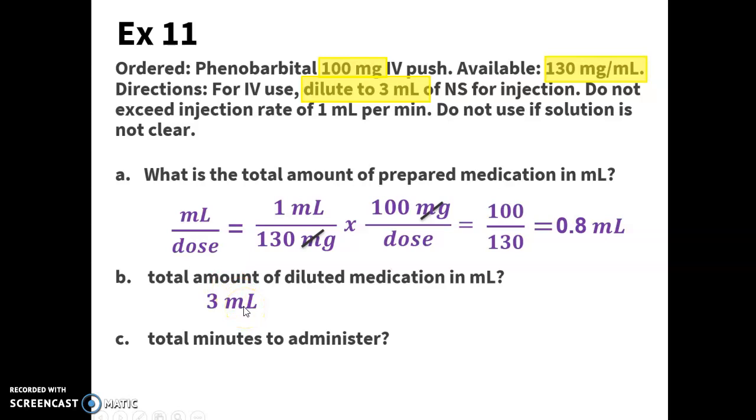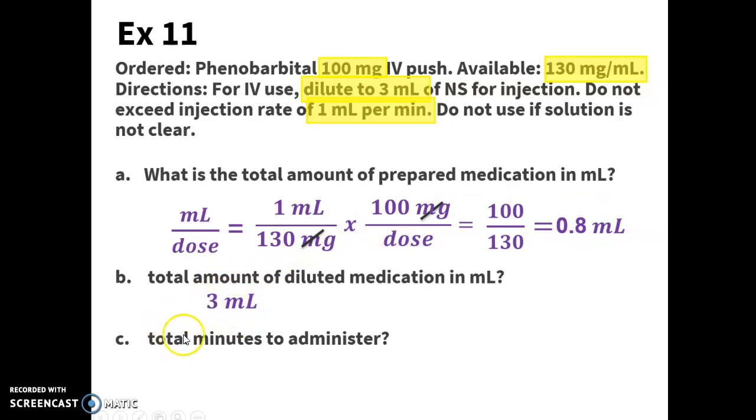All right, part C, how many minutes is it going to take? Well, it says do not exceed an injection rate of 1 milliliter per minute. I only have to give 0.8 milliliters of medication, but there are 3 milliliters in that syringe.